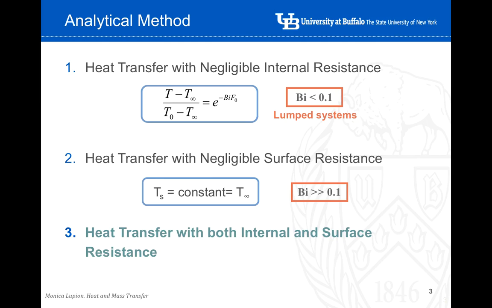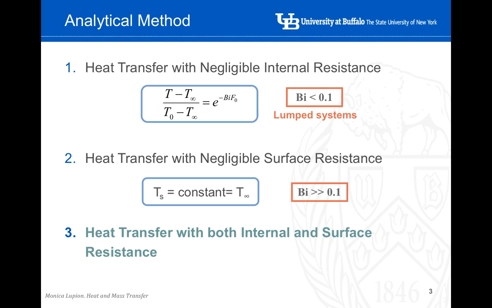The first case that we studied was heat transfer with a very small internal resistance. In that case, we can directly integrate the general equation. There is no dependence on position, so we have a uniform temperature within the solid or within the fluid. And after the integration, this is the solution of the general equation.